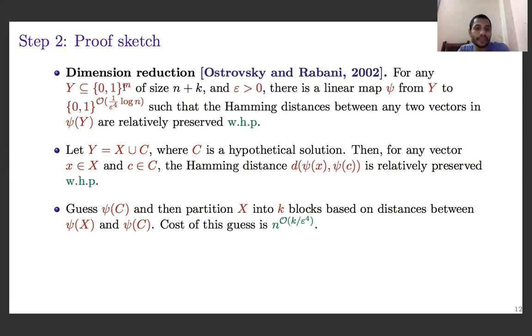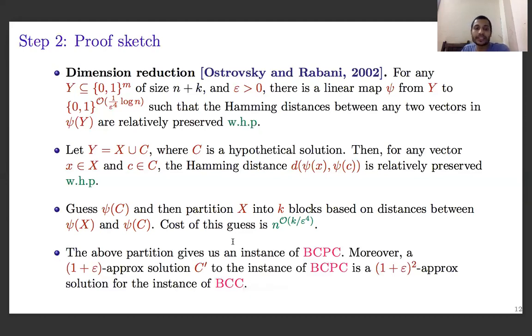So essentially, look at psi x and psi c. Psi c I guessed, psi x I know. Then I partition psi x based on which vectors are closest to which of these centers in psi of c. And that partition of psi x can be pulled back as a partition of x.